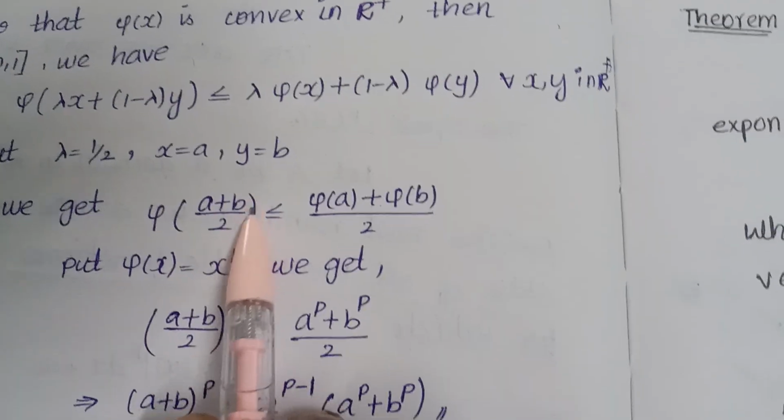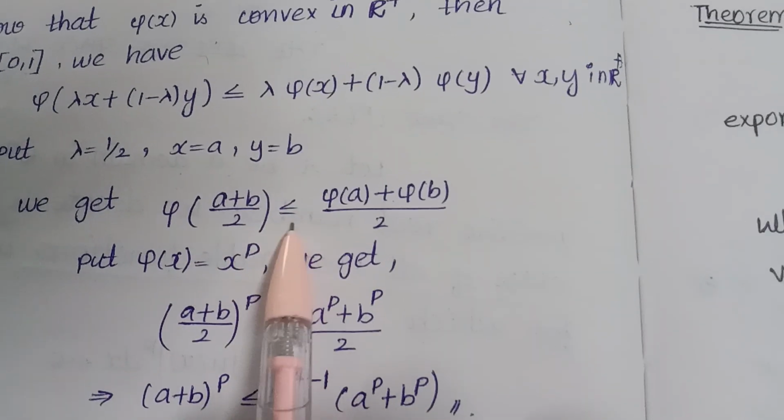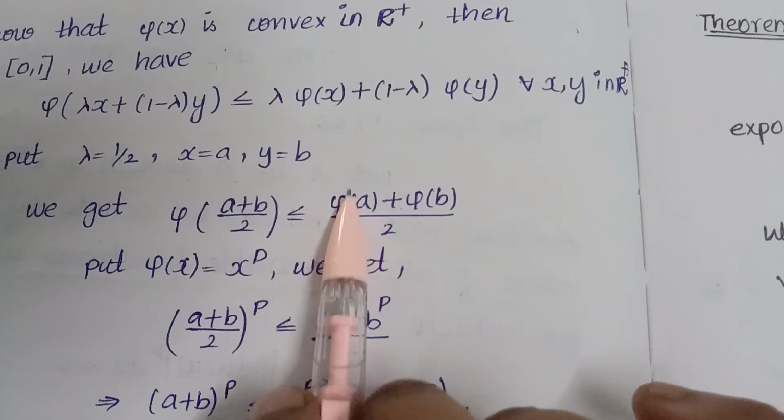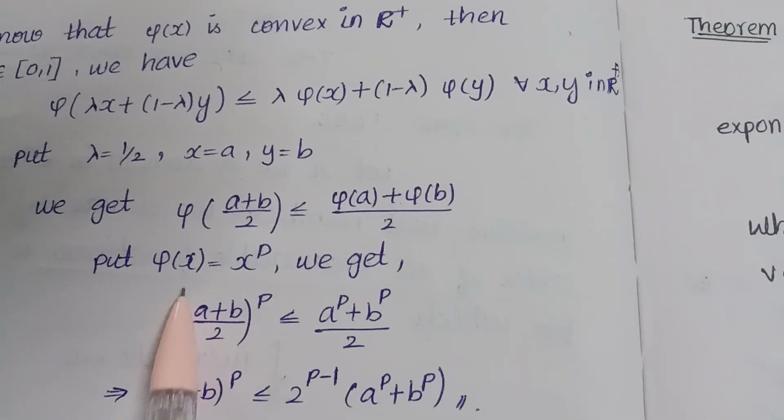So phi((a + b)/2) is less than or equal to (phi(a) + phi(b))/2.